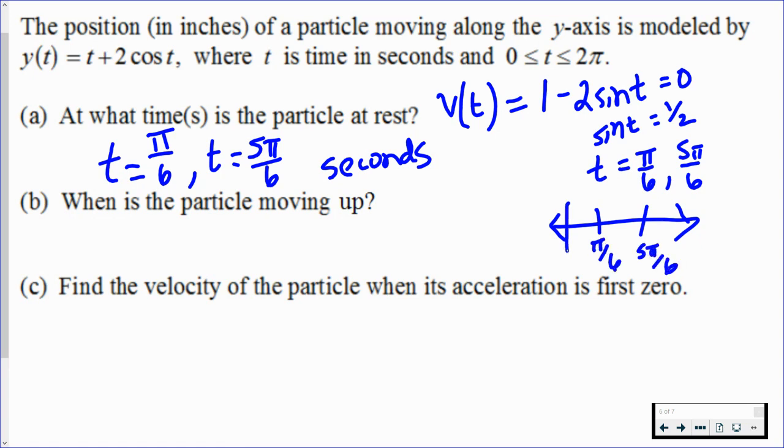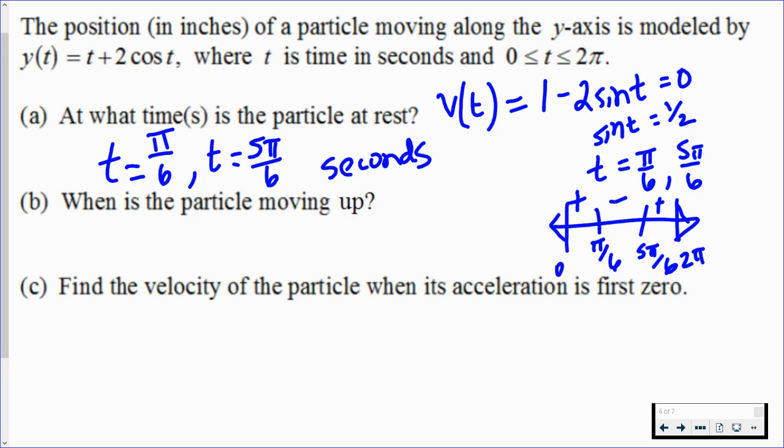Again, remember, we're only between 0 and 2 pi, so it might be good to include those as the endpoints because we can't go beyond that. If we plug in to the left of pi over 6, we're going to get a positive. Between pi over 6 and 5 pi over 6, we would get a negative. And then between 5 pi over 6 and 2 pi, we would get a positive.